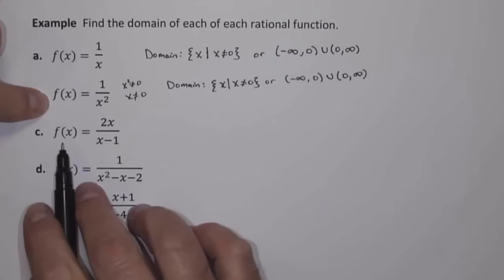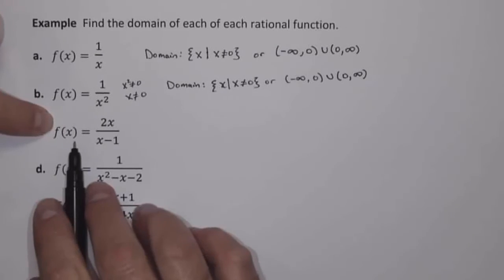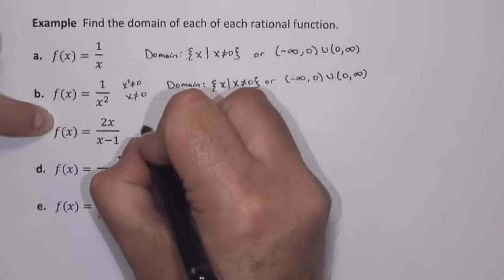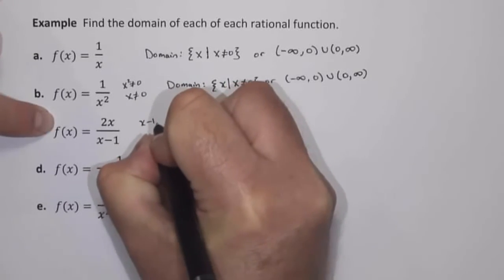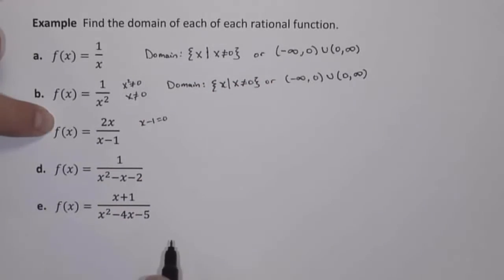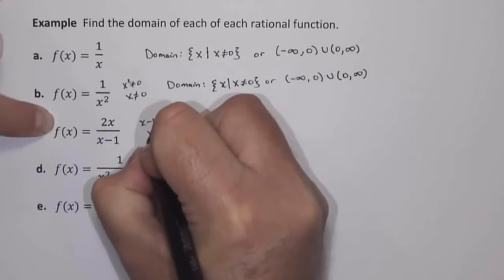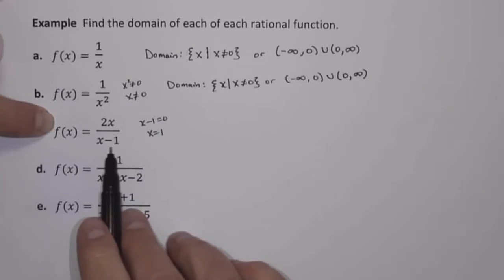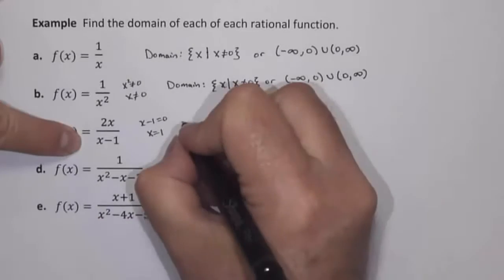Taking a look at part C, we have the function f of x equals 2x over x minus 1. So to find the domain, we're going to take the denominator, set it equal to 0, so set x minus 1 equal to 0, add 1 to both sides, so x equals 1. So if x equals 1, the denominator is going to equal 0.